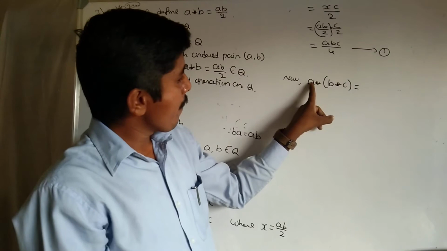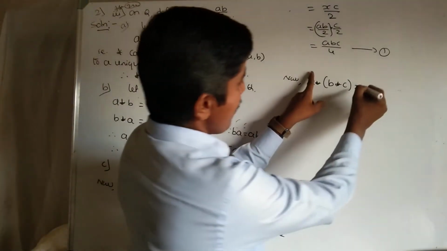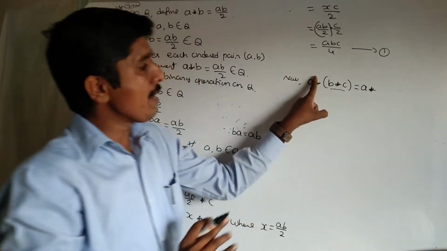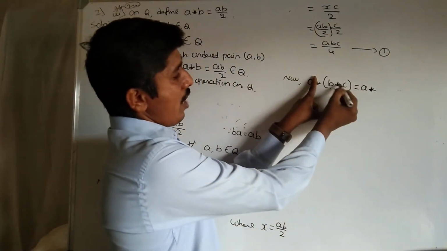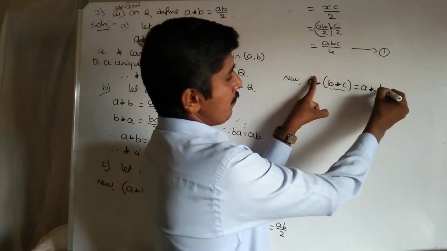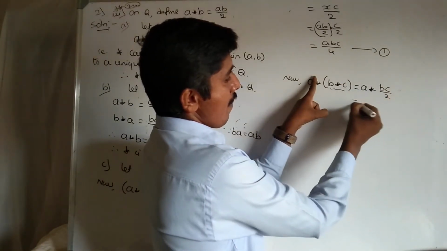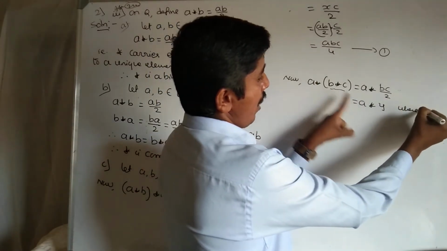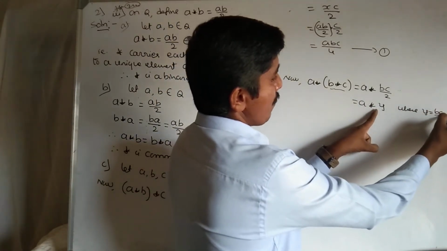Now RHS: take A star of B star C. A star, I am taking as it is. First within the bracket, the binary operation: A star B is AB by 2, so B star C is BC divided by 2. Let us take BC by 2 equal to Y, where Y equal to BC by 2.